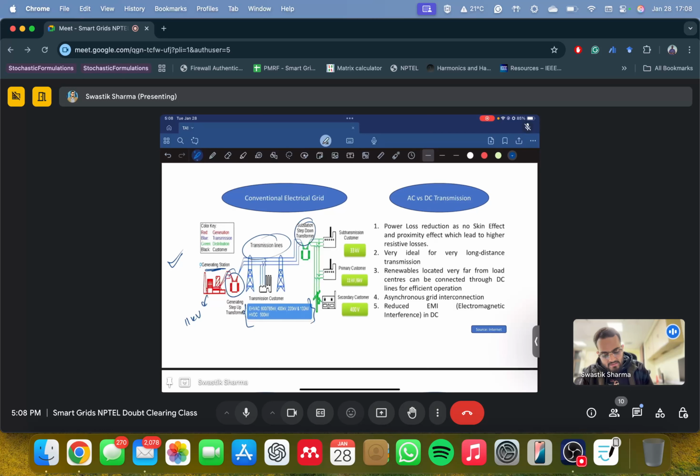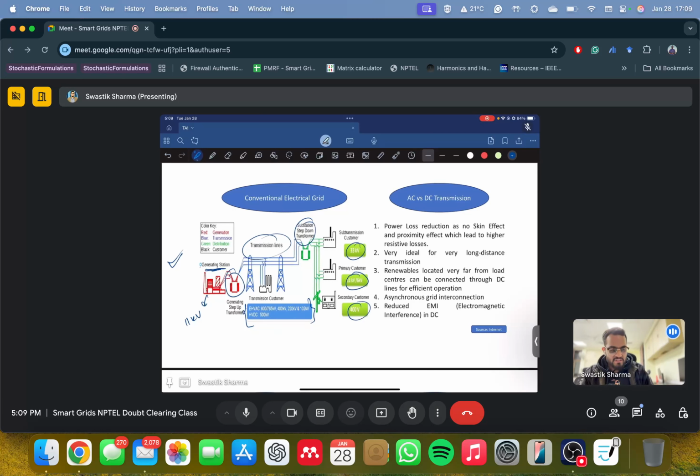After that, since this step up is of a very high level, we can't use it directly at our homes, right? We can't use 132 kV or 220 kV. Our devices are not ready to use it. We use 5 volts for the charger of your phones. They connect to 220 volts, but decrease it further down to 5 volts to charge your phones. You can't use an apparatus to convert 132 kilovolt directly to 5 volt. So these are converted using a step down transformer to a level like 33 kV, 11 kV, 6 kV, or 400 volts.